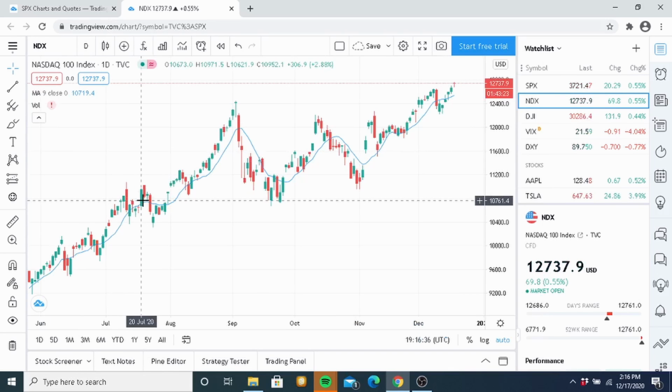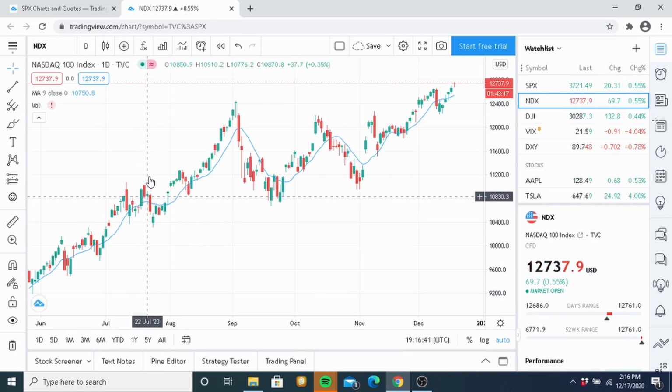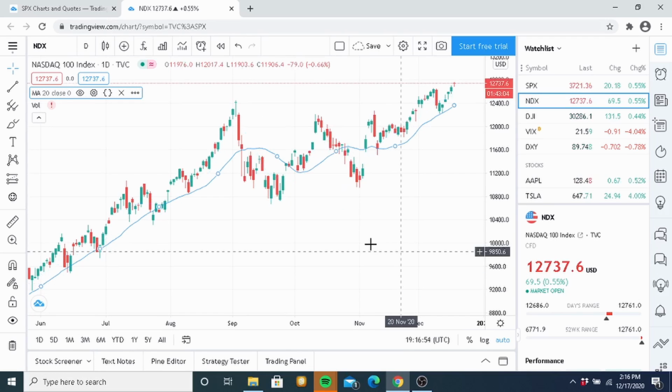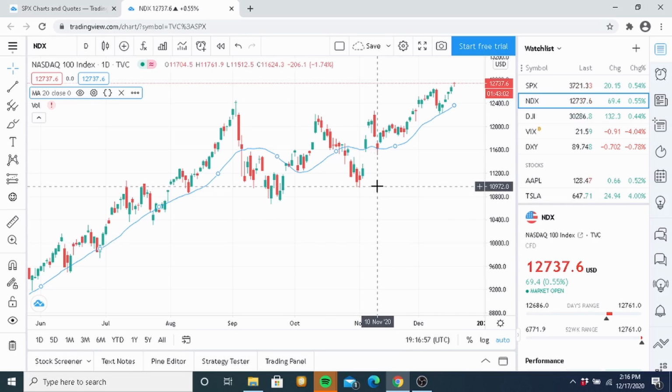Now the default for TradingView is 9 trading days, but you can change that to what you want. So if you click over here and adjust the length, that's how many trading days you want the moving average to be. So you can change that to, let's say, 20. And there you have your 20-day moving average.